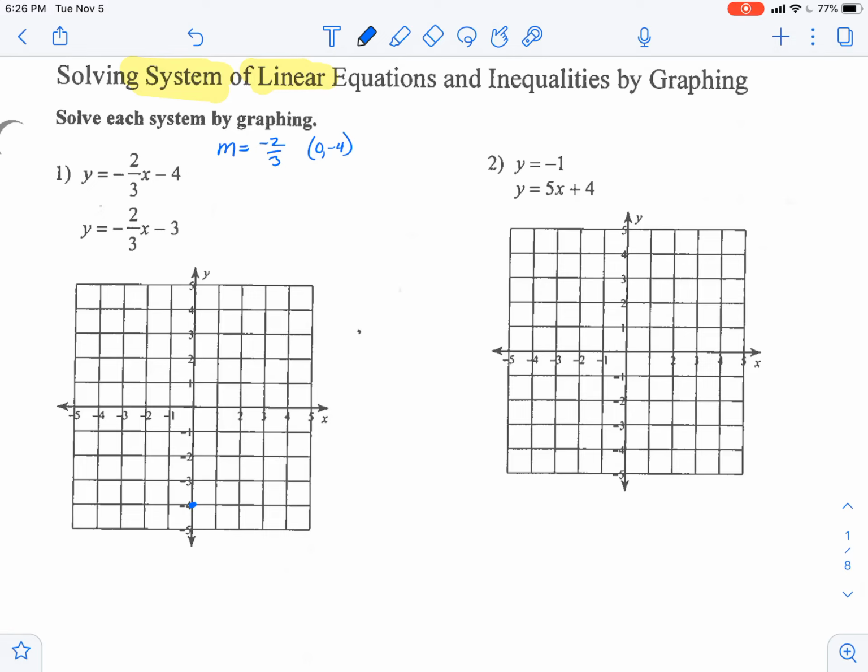But as I can't do that, I need to go up 2 and then left. Now, again, remember, this is going to be going down because it is a negative slope. And I will try to draw this in the best that I can, but it is very hard with my tablet here. So we're going to have a line that looks like that.